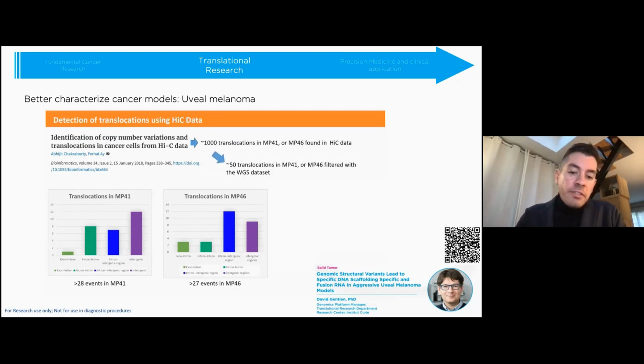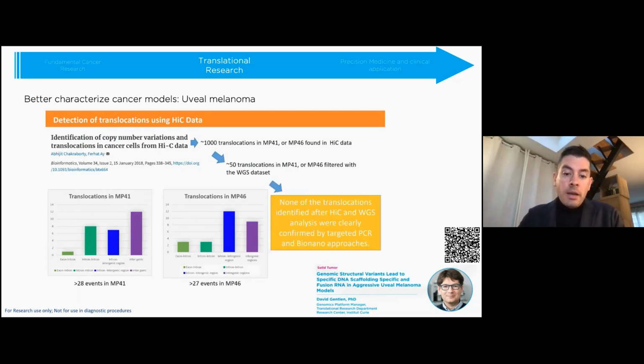But only 50 could be cross-referenced with their whole genome sequencing data, and none could be validated down the road, illustrating the issue of false positive calling and the burden of data curation when working from sequencing data.